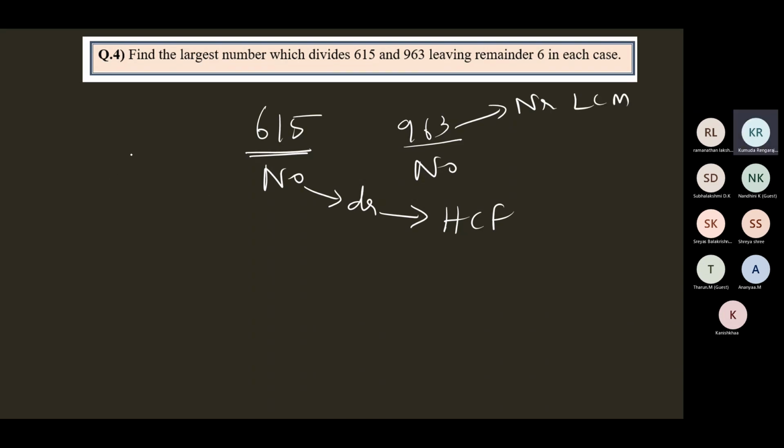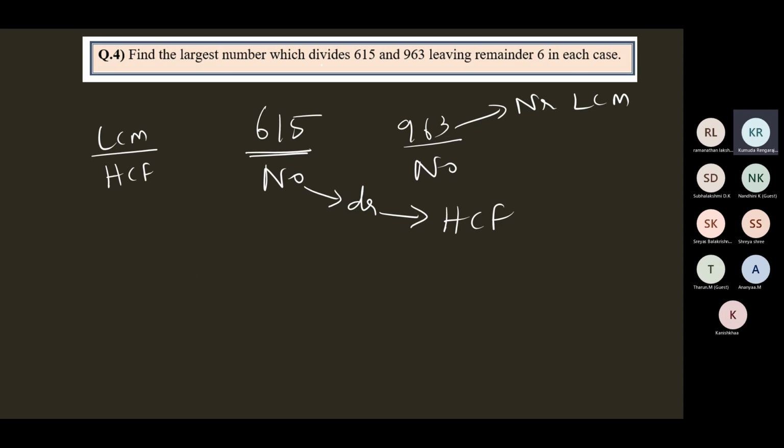Because we know that the LCM is greater than the HCF. I don't want to explain too much now. If you're looking for the numerator, it is the LCM. If you're looking for the denominator, it is the HCF.